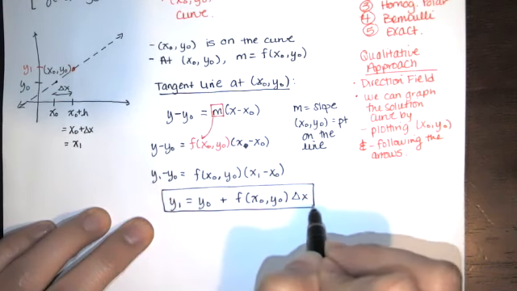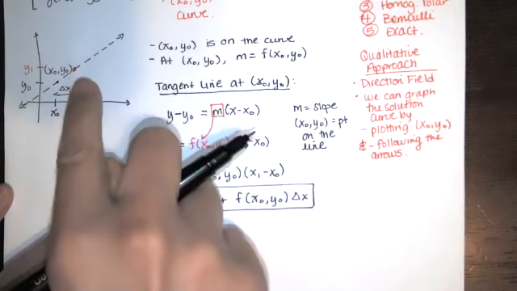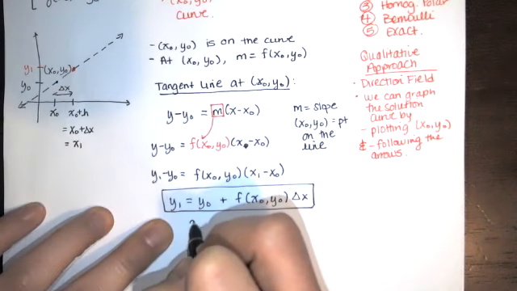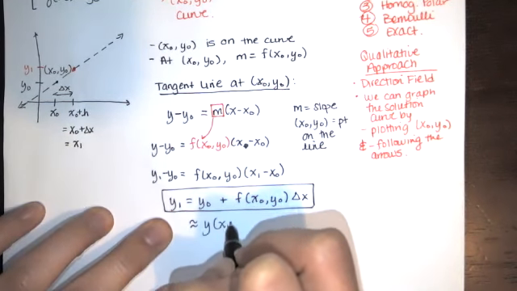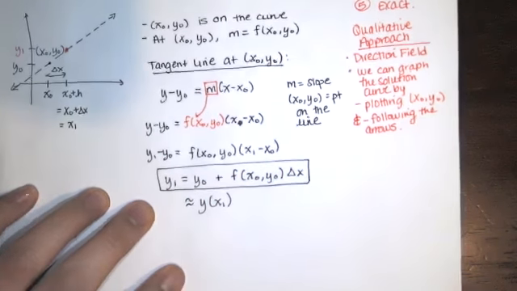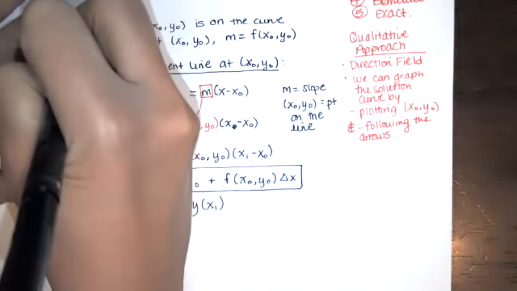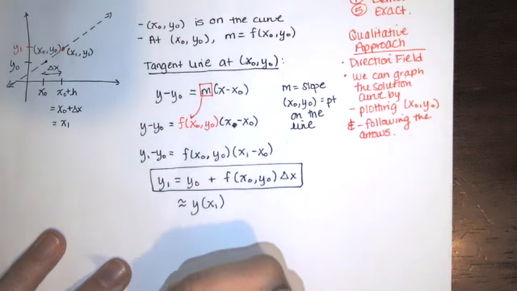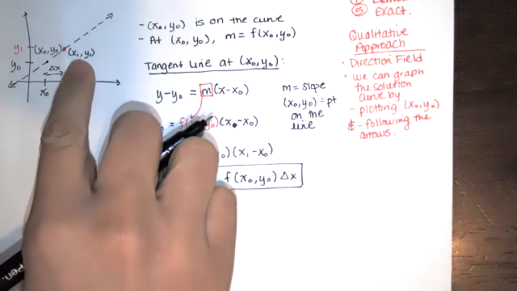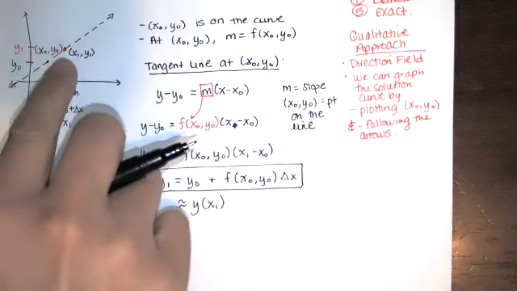Okay, so we do that. And that gets you 1 point, and this is an approximation to the solution at x1. But now that I'm at this location, I've got a new point on my solution curve, x1, y1. And once I'm at x1, y1, I can use the tangent line over here.